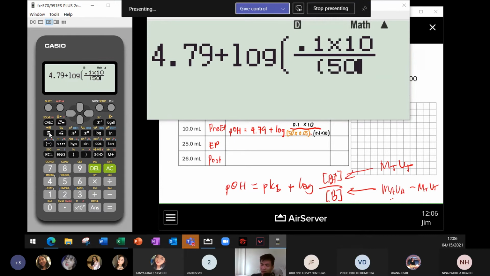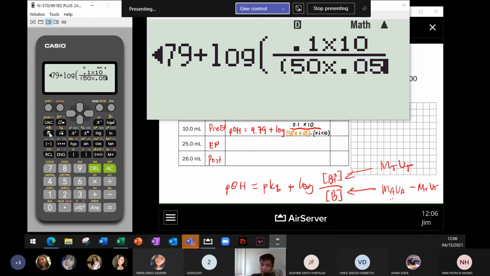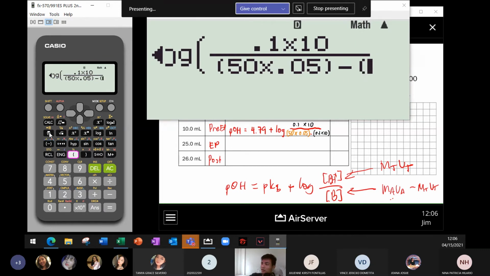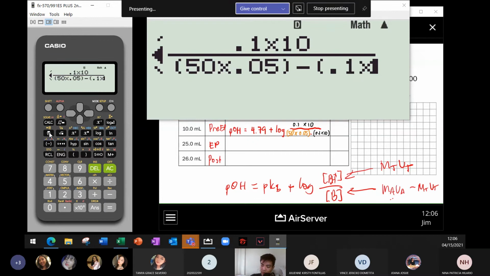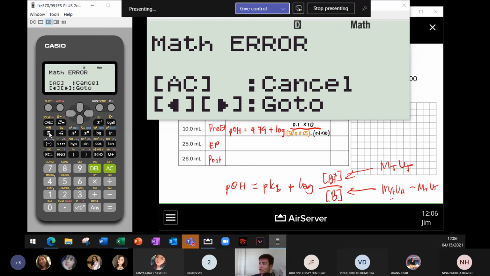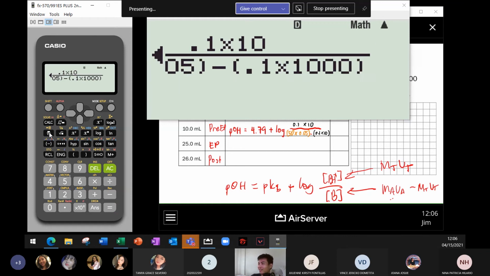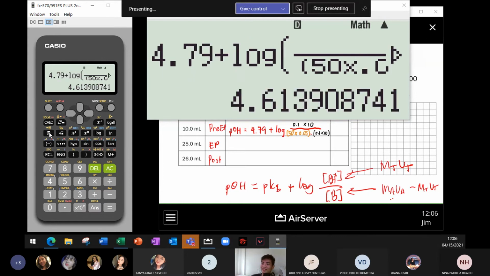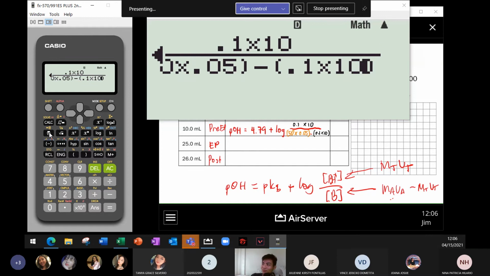Analyte close parenthesis minus titrant close parenthesis. Ay, math error. Okay. Sobra na ako ng 0. Sorry. Yan. Pag nag-math error, mapapansin nyo, no?